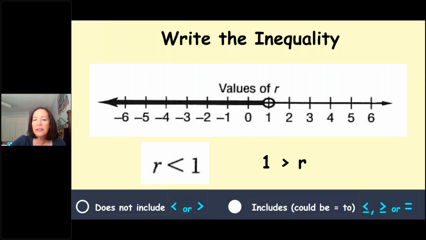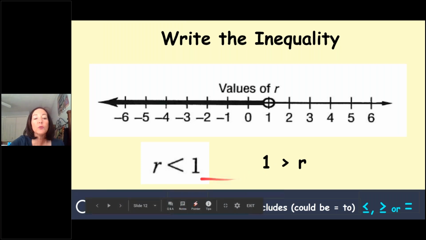But I have seen inequality problems that are multiple choice, and they don't always put the variable first. So I just want you to be aware that R is less than 1 is the exact same answer as 1 is greater than R. I wanted to show you a couple of examples like this, because in a multiple choice situation, you have to recognize that those are equivalent.